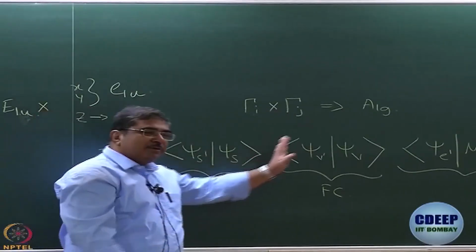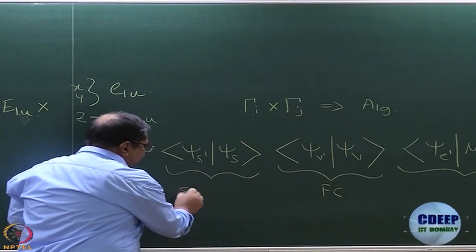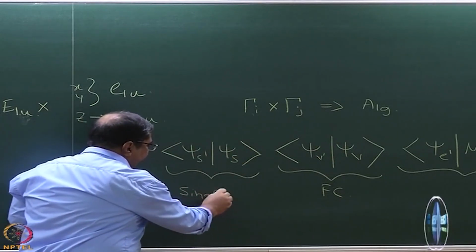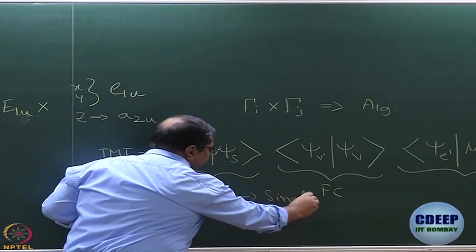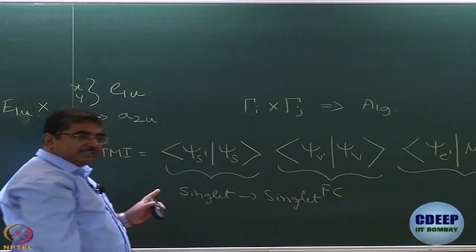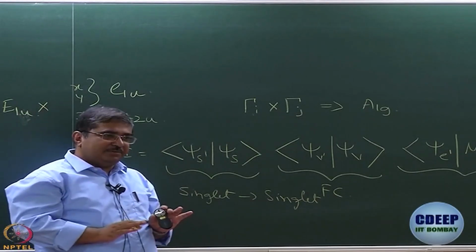So, if I forget about the rest of the factors, think only about this, then I know that singlet to singlet is a spin allowed transition. That is what I am saying, that even though it is orbitally forbidden, it is spin allowed.